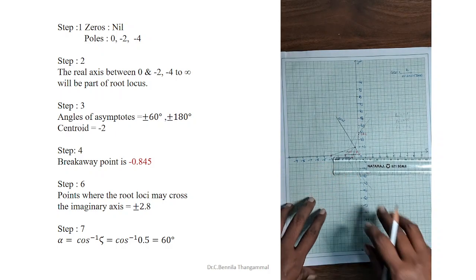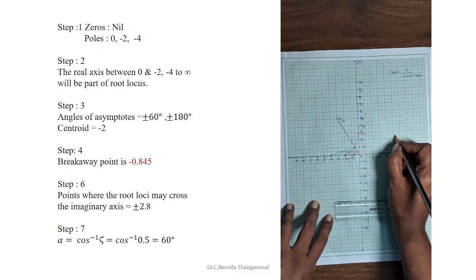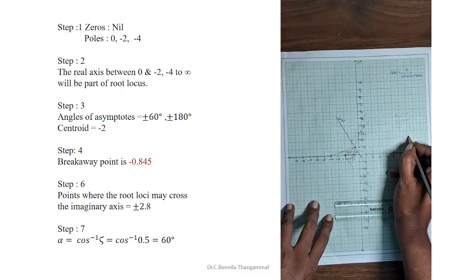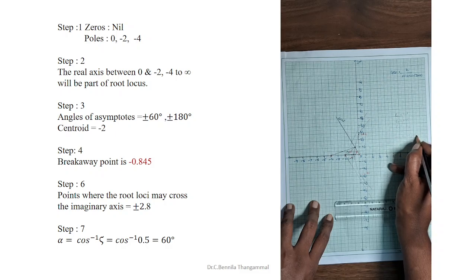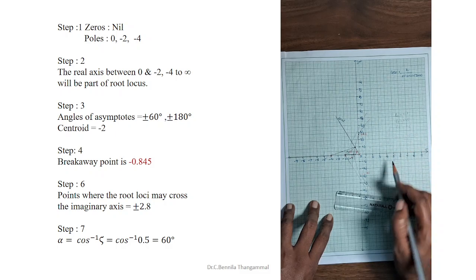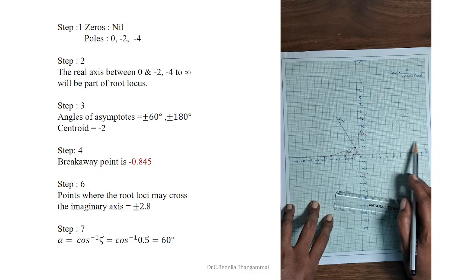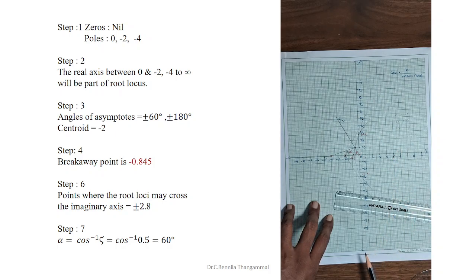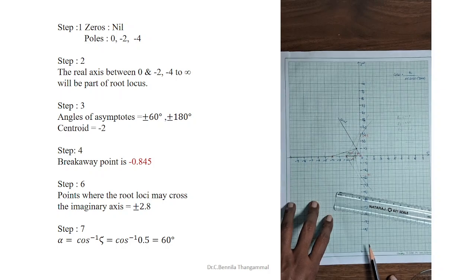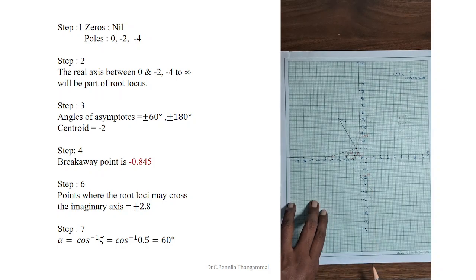Here we don't have zeros. So your K value will be equal to L1 times L2 times L3 divided by 1, which is nothing but 1.1 times 1.85 times 3.6 divided by 1. That will give you the K value for the damping ratio 0.5. So this is the way to sketch the root locus.